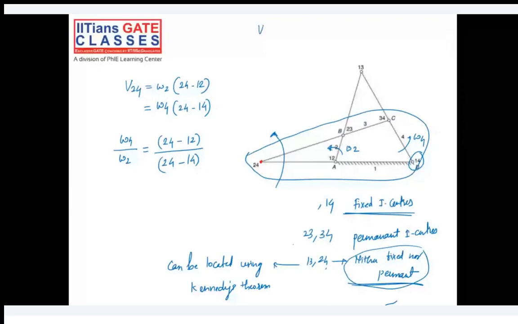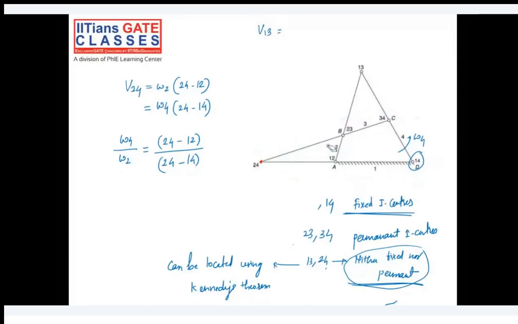Okay, for your understanding, I'll draw the figure. Velocity of 1 3. Okay, try to think.